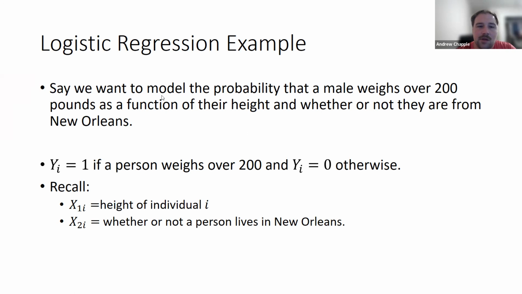As an example, let's say we want to model the probability that a male weighs over 200 pounds as a function of their height and whether or not they're from New Orleans. We'll define yi equal to 1 if a person weighs over 200 and yi equals 0 otherwise. Recalling the examples we've used, x1i is going to be the height of individual i, and x2i is going to be an indicator: 1 if the person lives in New Orleans and 0 otherwise.